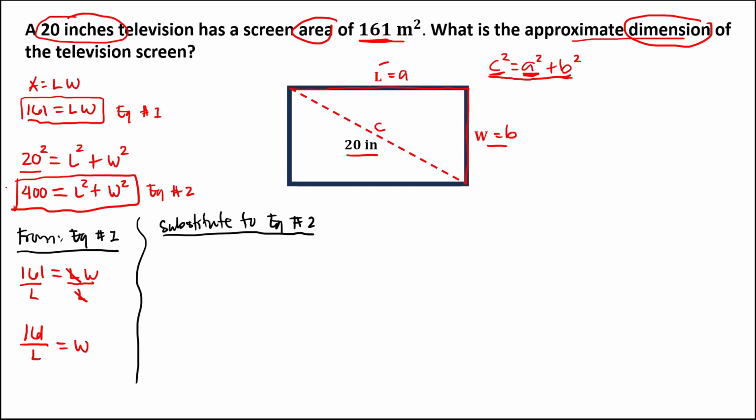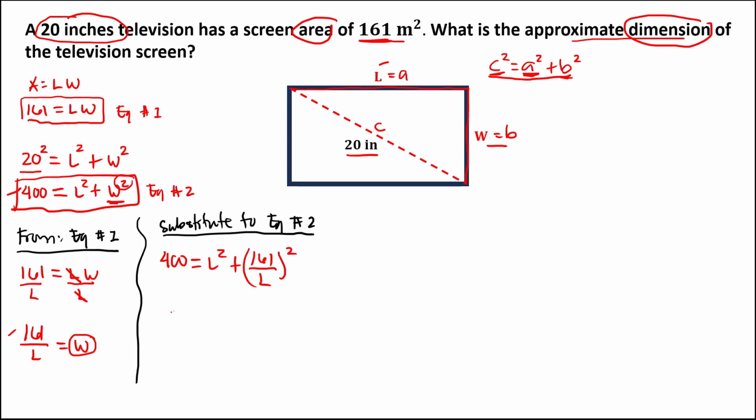and equation number 2 is 400 equals L squared plus w squared, but w is equal to 161 over L, so this becomes 161 over L for w, then to the power 2.